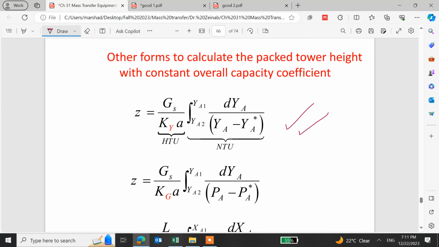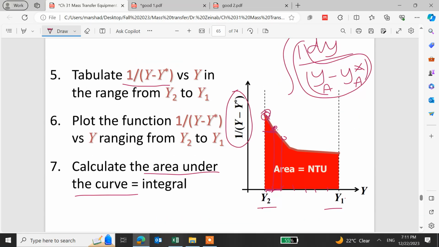So now see, the integral is what? If we do it numerically, basically it is 1 over ya minus ya star times delta ya. So we need to get those deltas, right?